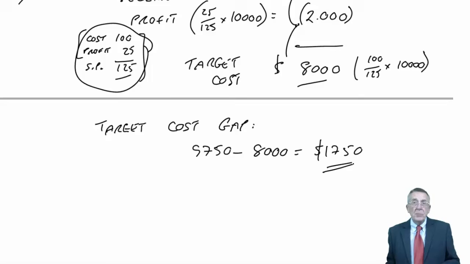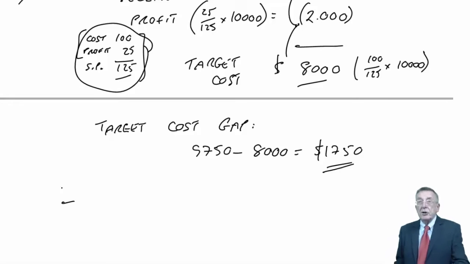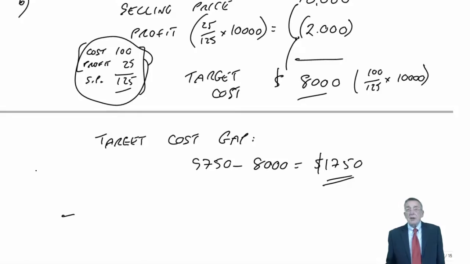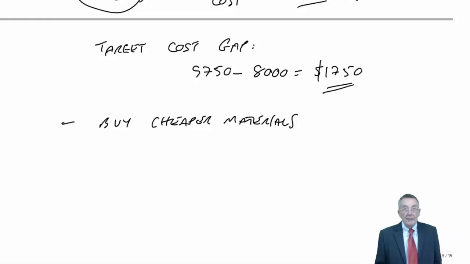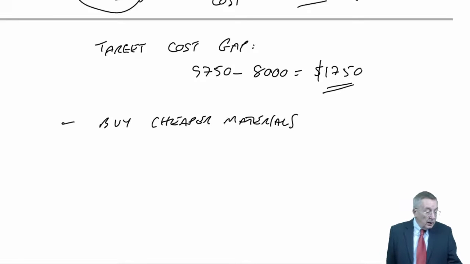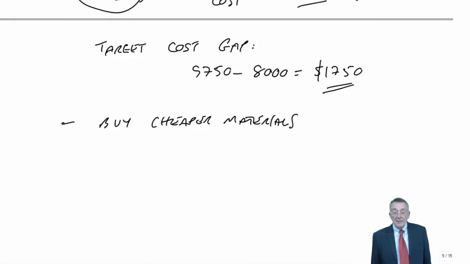Well, a couple of obvious things you might consider. Clearly, you might look at the costs and try and reduce costs. For instance, buy cheaper materials. Maybe. But remember, we don't want to reduce the quality. Otherwise, if ours are lower quality than the competitors, then we're after a lower selling price.